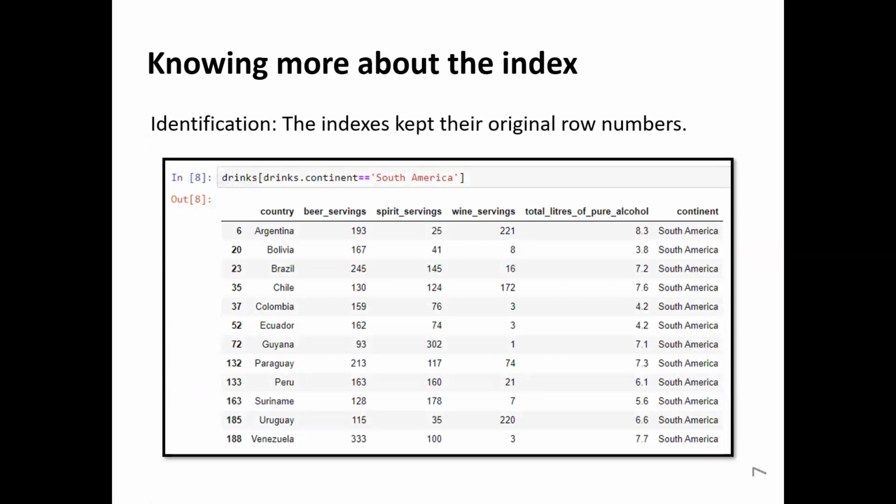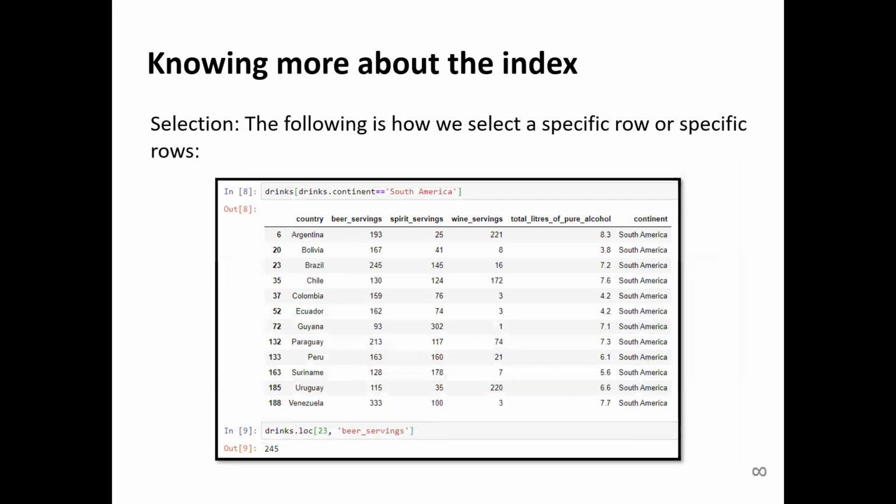If you check this one, it shows the rows where the continent is equal to South America. What if I want this specific value, 245? We could say go to row number 23, well, technically index number 23, and the beer servings column, right?